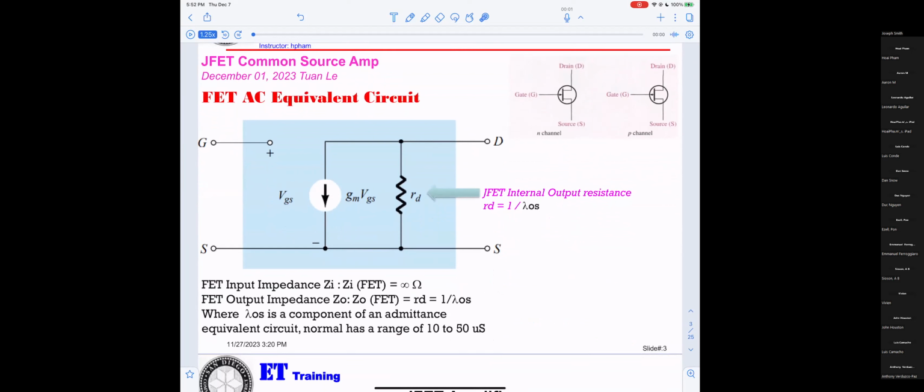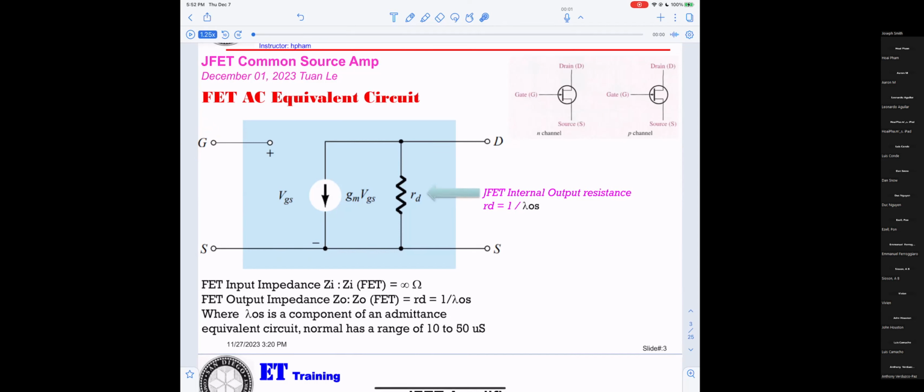Okay, so now the FET AC equivalent. This is the DC bias, and you see this one. For AC, you will be seeing this schematic. You can get the gate in here and the drain, and also this is the source.